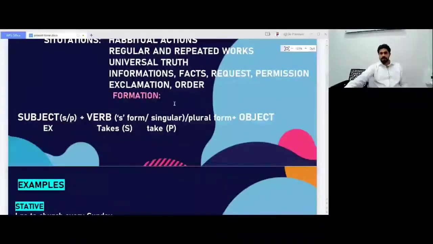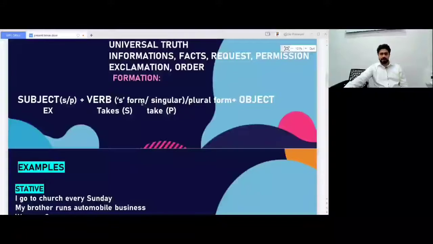So you can imagine how useful simple present is in our daily usage, and in academic usage, mostly for students going for exams like IELTS. So this is very important in academic circumstances as well.